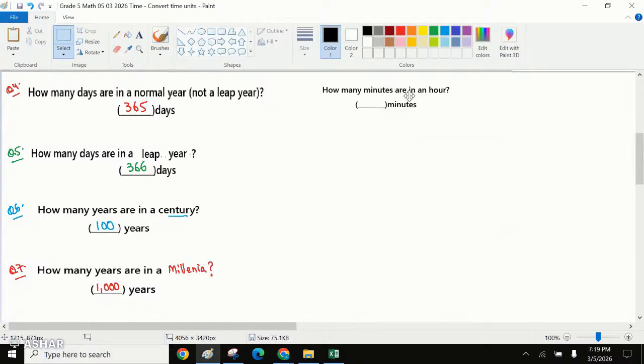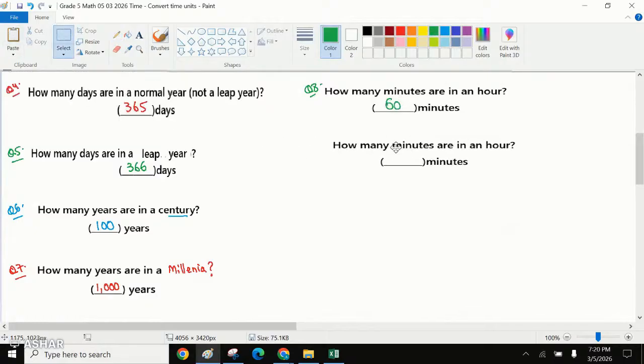Question number 8. How many minutes are there in an hour? There are 60 minutes, right? If I would say half an hour, how many minutes are there in half an hour?